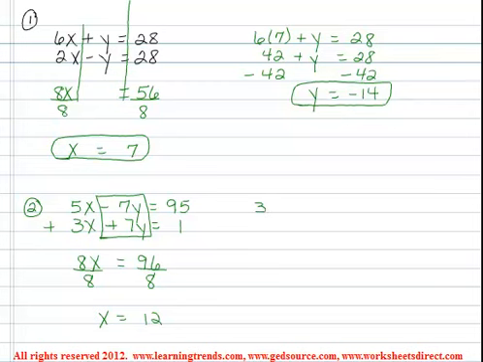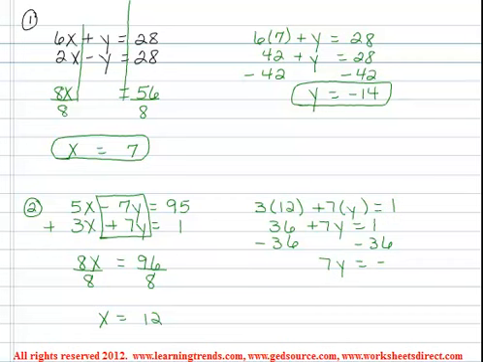So we have 3 times 12 plus 7 times y equals 1. 3 times 12, well, that's 36. So we have 36 plus 7y equals 1. Subtract our 36 from both sides. And we see that 7y equals a negative 35.